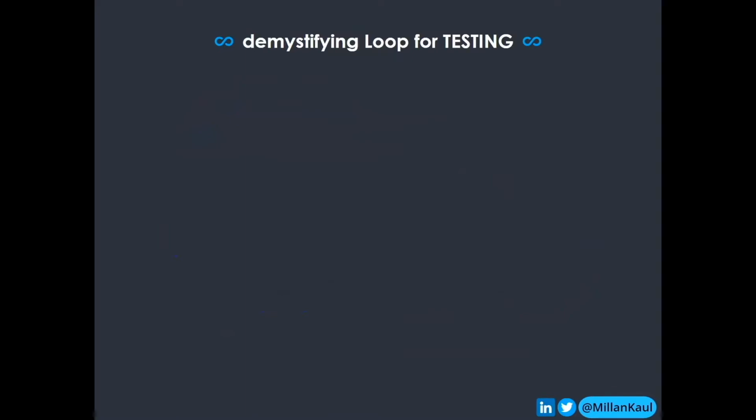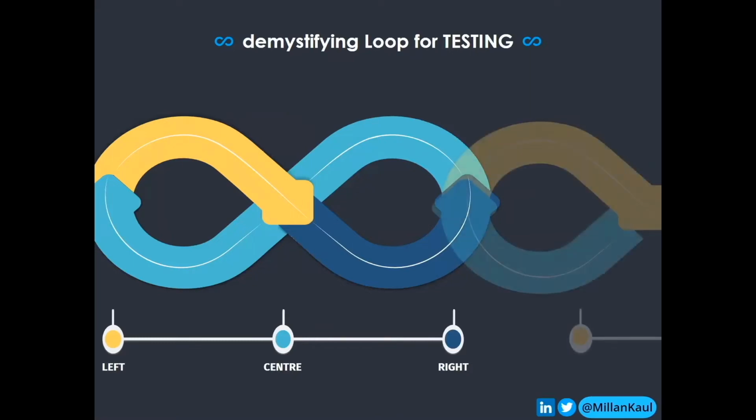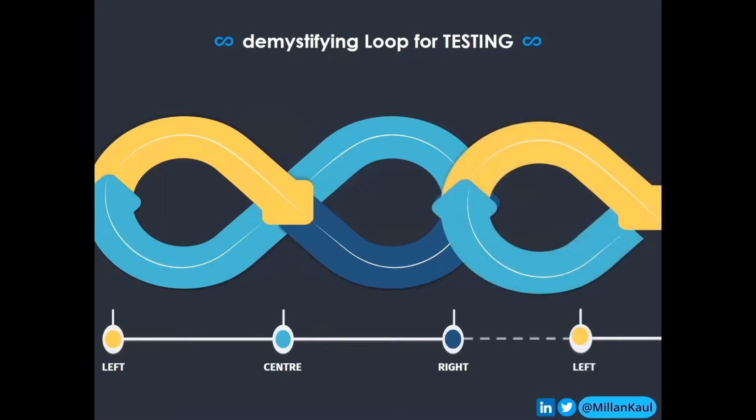Now, if we shift this figure a little bit to the left-hand side, your output from right goes both inwards and outwards. That is right to left. So there is a connection.